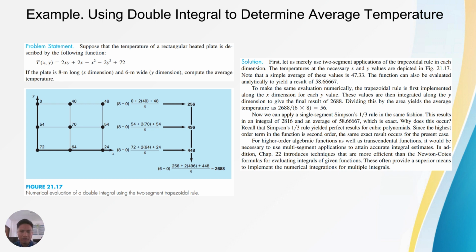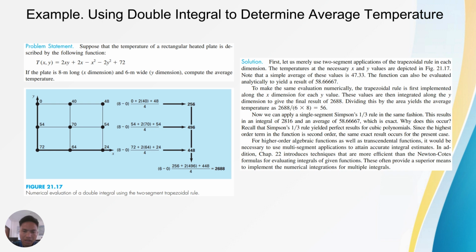That is why we add 0 plus 2 times 240, then 240 plus 48, four values in all. We come up with the value of 256. These values are then integrated along y. The values we get are 256, 496, and 448.